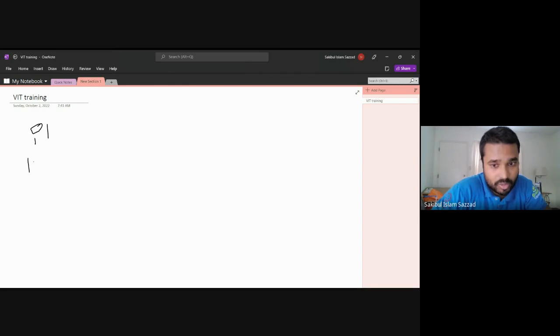So let's say what is the ket state for 0 if we start with. The ket 0 is a column vector, or you can say a column matrix. Its representation is something like: here is 1 and here is 0.